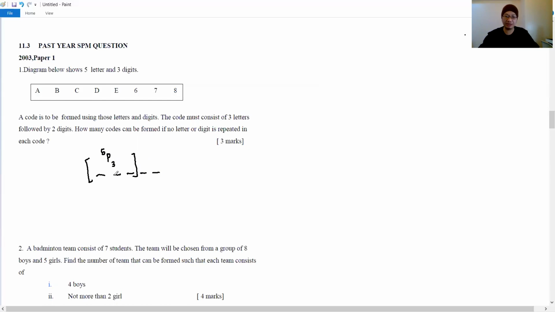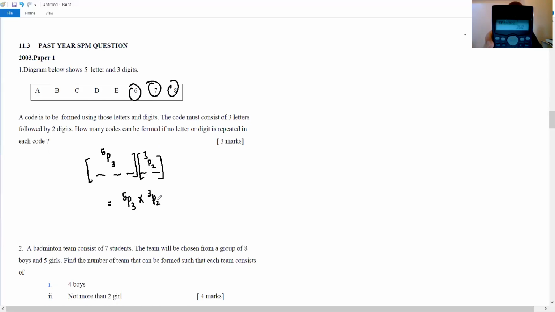For the last 2 places, how many digits are available? 1, 2 and 3, so 3 available digits, and we want to arrange 2 places. So the final answer will be 5P3 times 3P2. Just multiply 5P3 times 3P2. So the answer will be 360. Very straightforward.